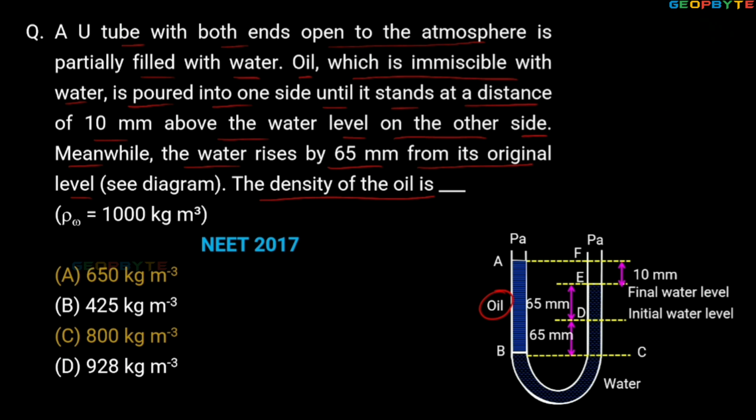Since the oil in the left limb of the U tube and water in the right limb are at stationary condition, the pressure of the oil at its free surface equals the pressure of the water at its free surface. Oil free surface is at A, whereas water free surface is at E. Let me write it clearly.